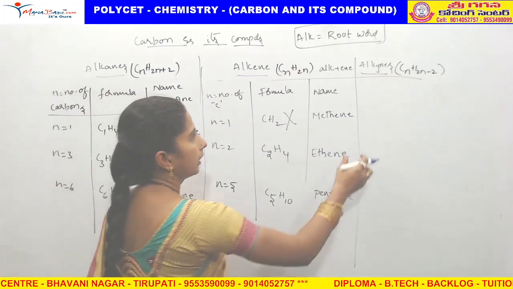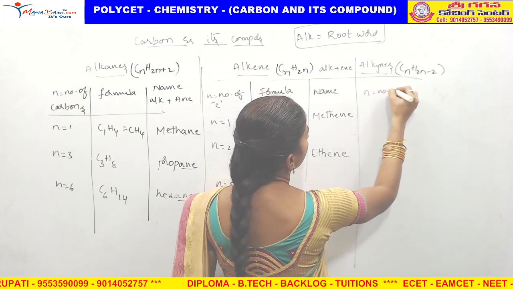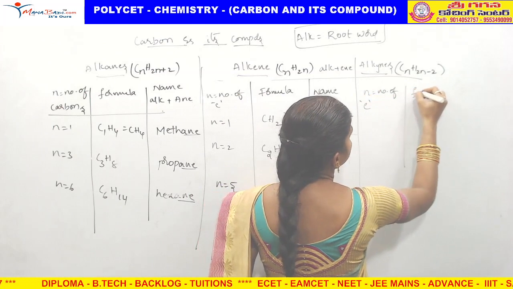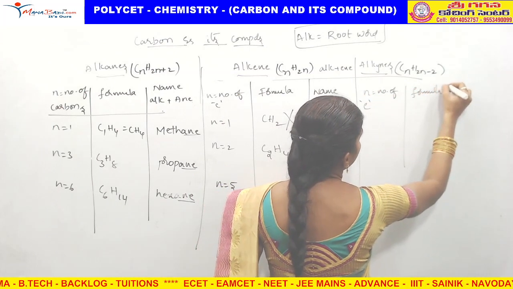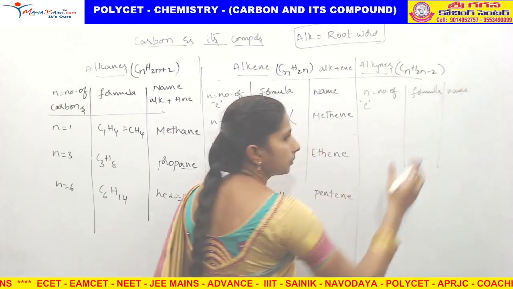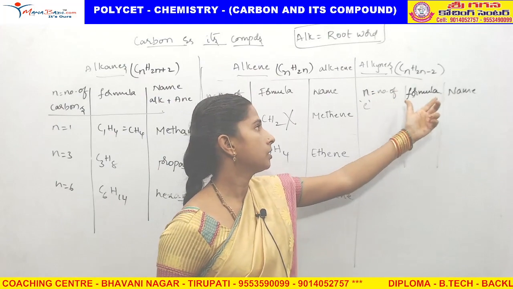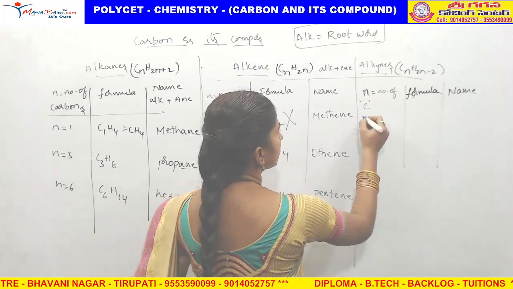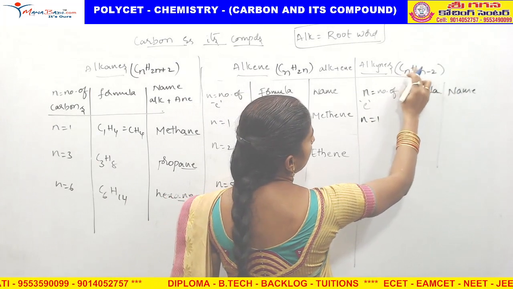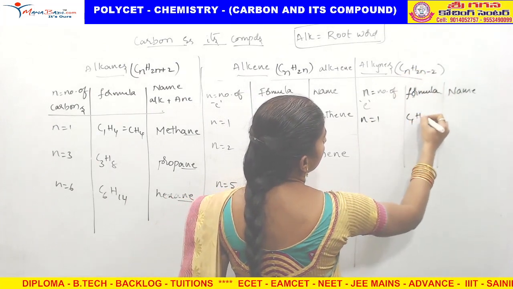Okay, and alkyne. Come to the alkyne, n is equal to the number of carbons, and the formula and name. n is equal to 1 as usual. C1, H2 minus 2, 0, right?